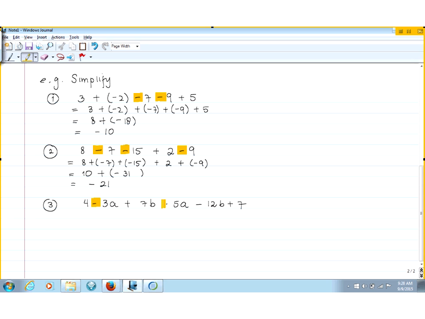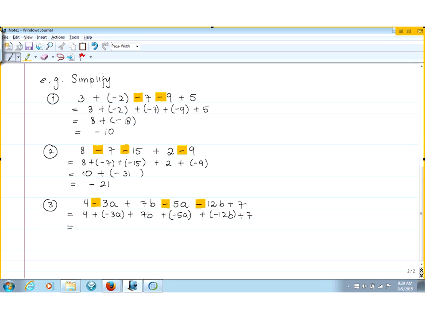Which ones are all the subtractions? So this one, this one, this one. So let's write it. So 4 plus -3a plus 7b plus -5a plus -12b plus 7. Okay, so now let's start with the a.